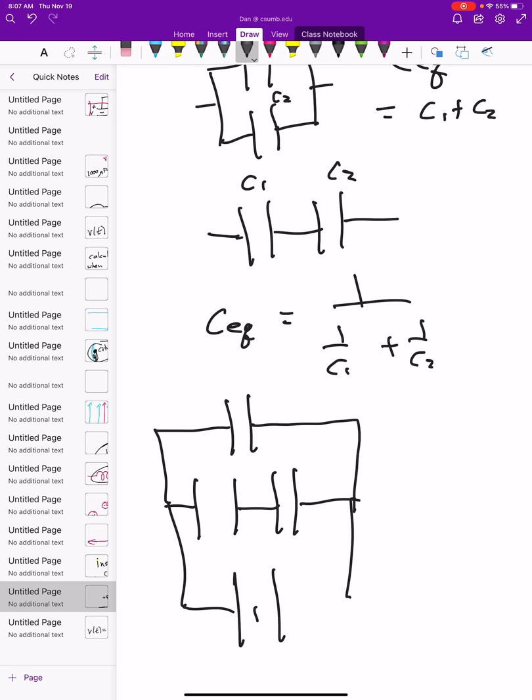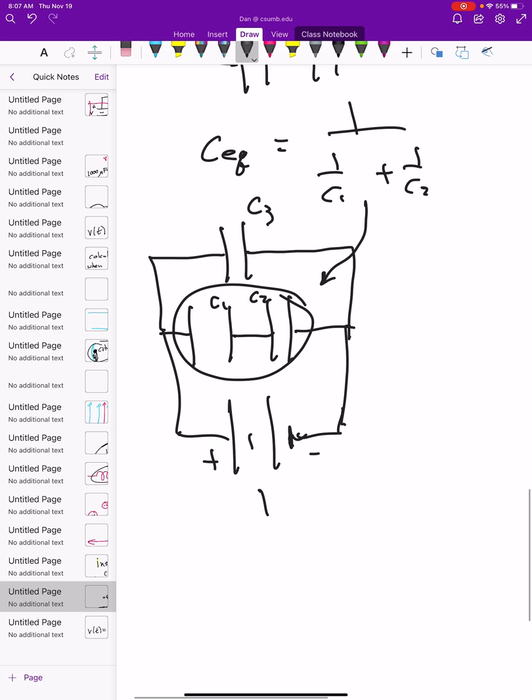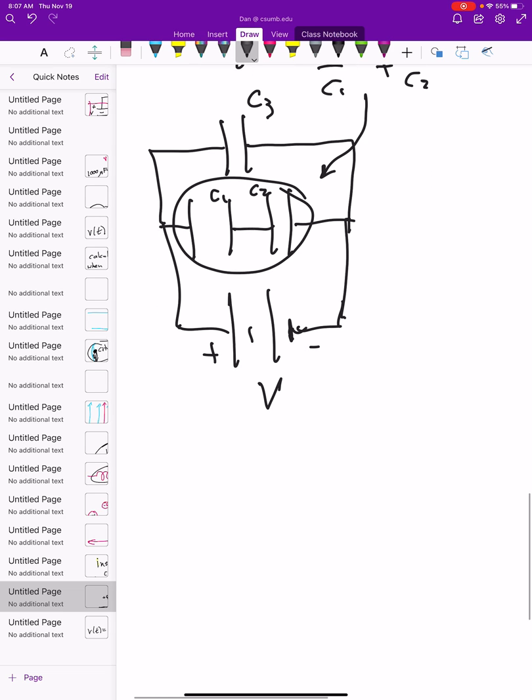You could have, just like we did with resistors, but use the same thinking. These two in series, you find an equivalent capacitance for those using this equation. Let's call this one C1, this one C2, this one C3. And this is V. And so you could rewrite the circuit like this.